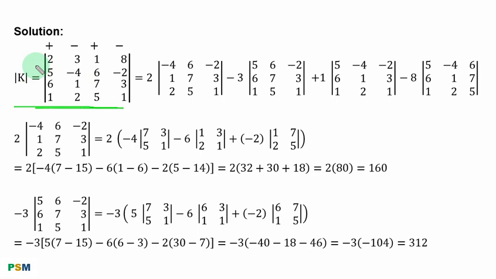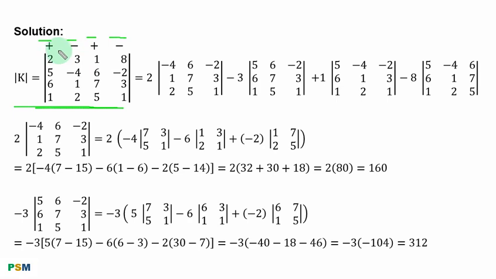The row you wish to expand along, you assign the cofactor signs or checkerboard signs to it. In that row, the first entry, the sign to it is positive. The second is negative. Third, positive. Fourth, negative.